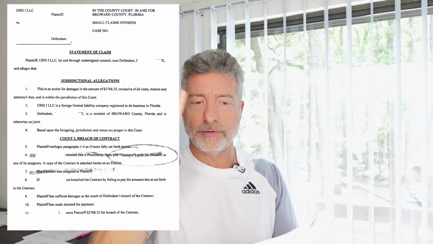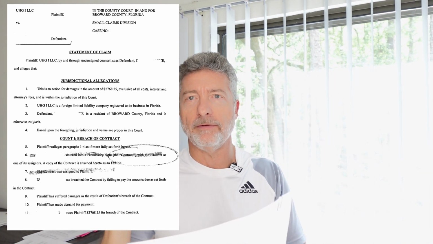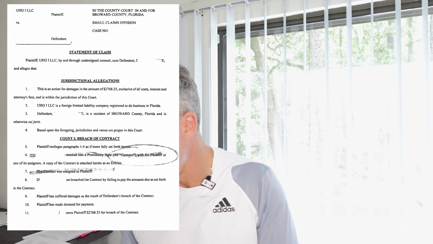So let's put page 1 up there, Cindy, and you can see at number 4, they're pointing above to the jurisdictional allegations, saying we have a right to be in this court. So in my counter affidavit, I will put that up right now for you.